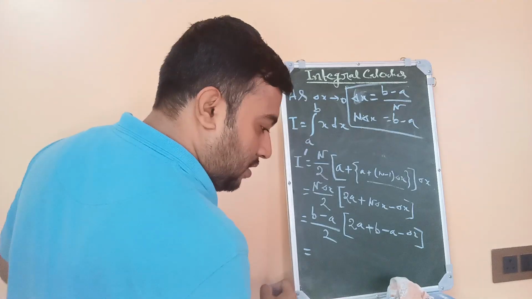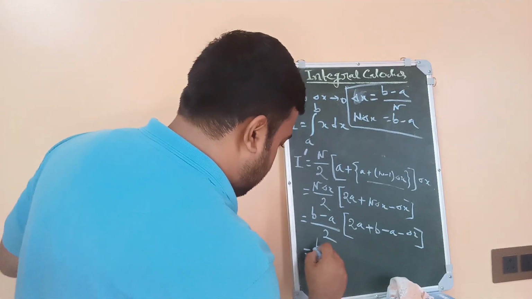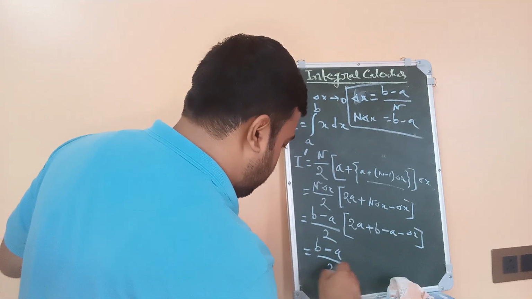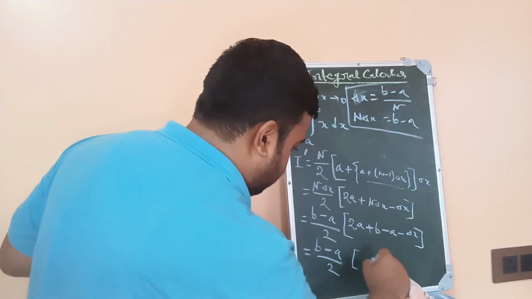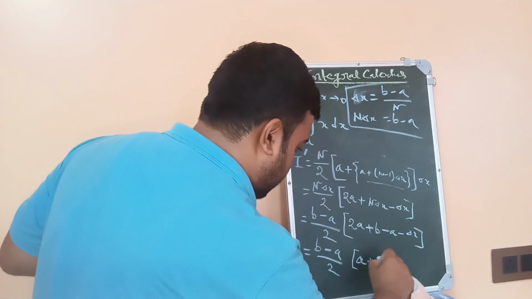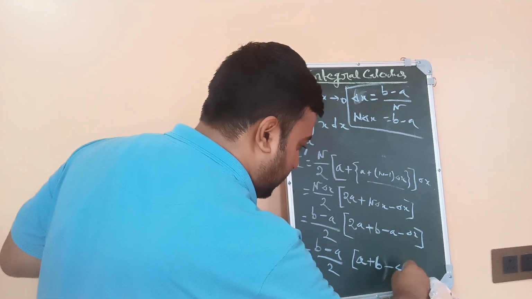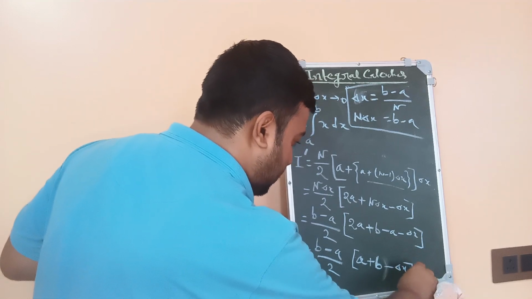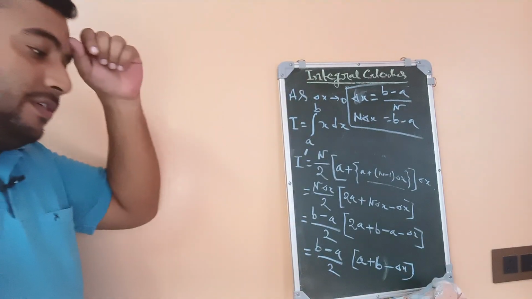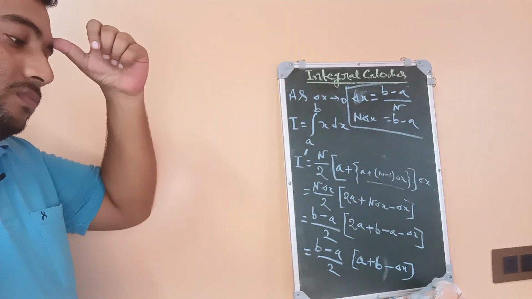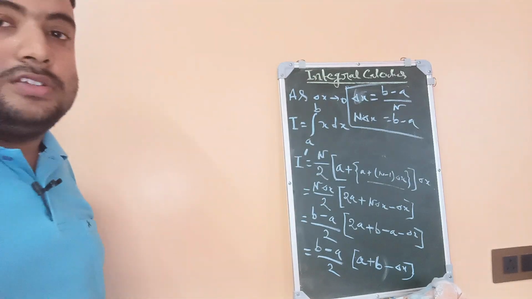Okay, this is (b - a) by 2 into (a + b) minus delta x.